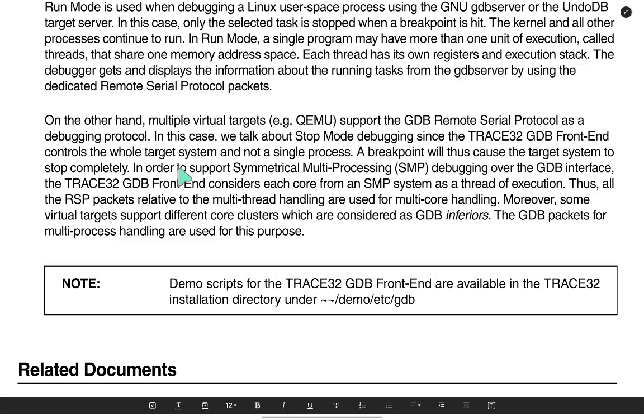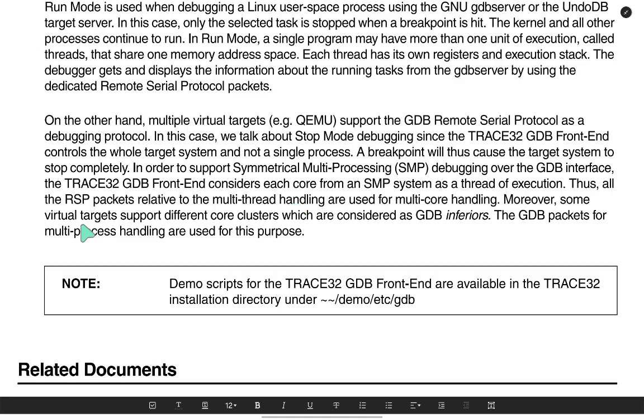In order to support symmetric multiprocessing (SMP) debugging over the GDB interface, the TRACE32 GDB Front-End considers each core from an SMP system as a thread of execution. Thus, all the RSP packets relative to multi-thread handling are used for multi-core handling.